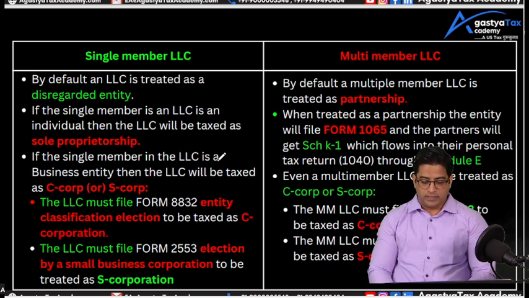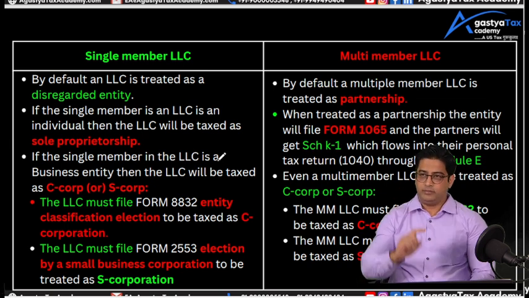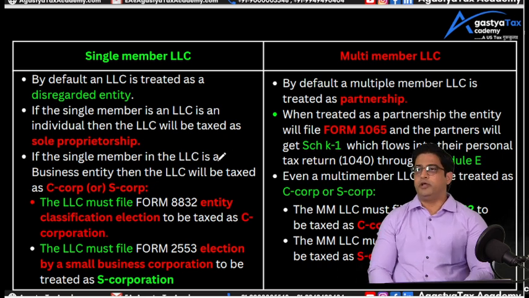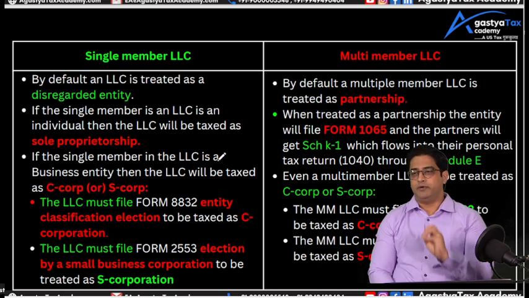So under single member LLC, what happens? A single member LLC is having only one owner. If you are more than one, it is by default treated as a partnership. A single member LLC is by default treated as a disregarded entity by the IRS in federal tax, like only one member.